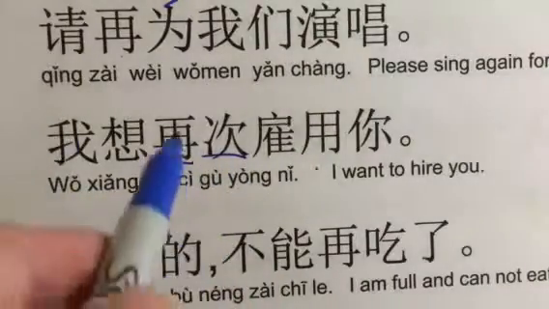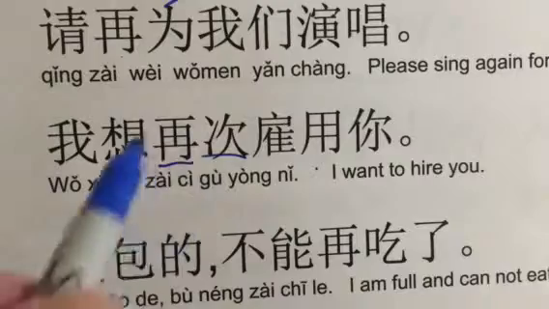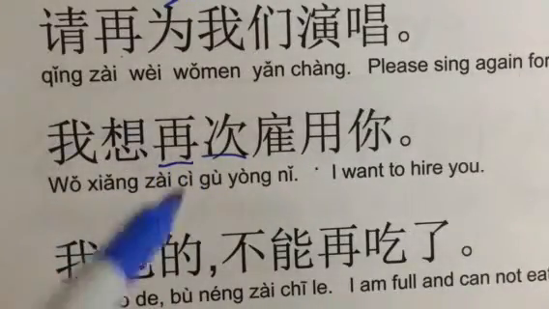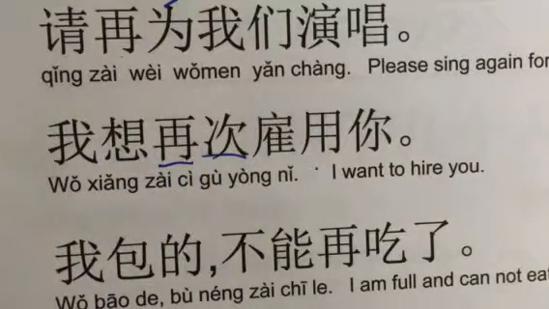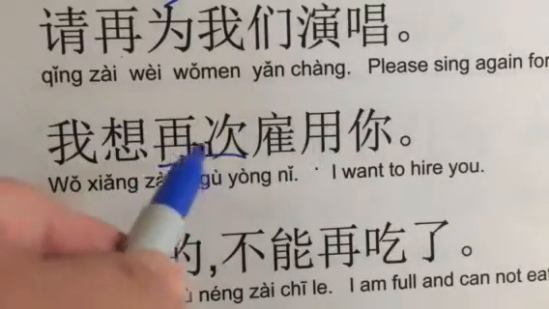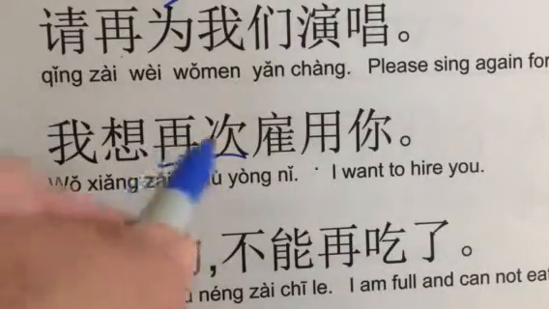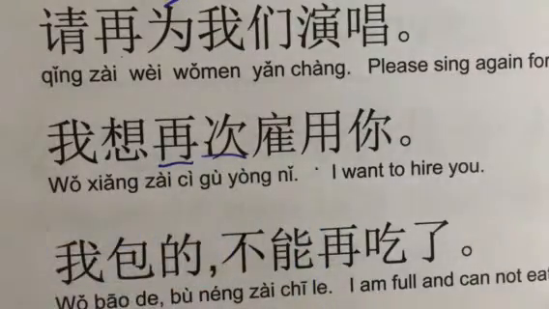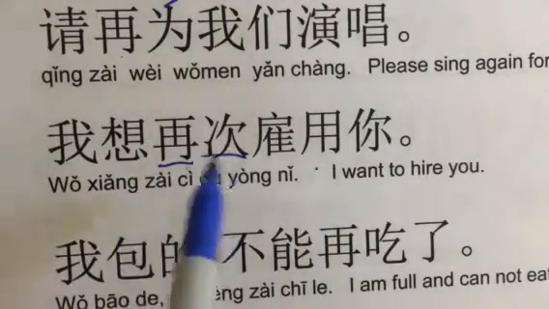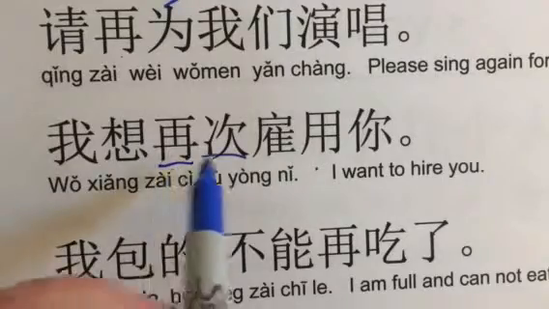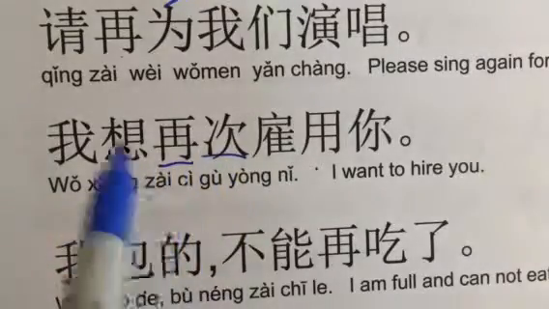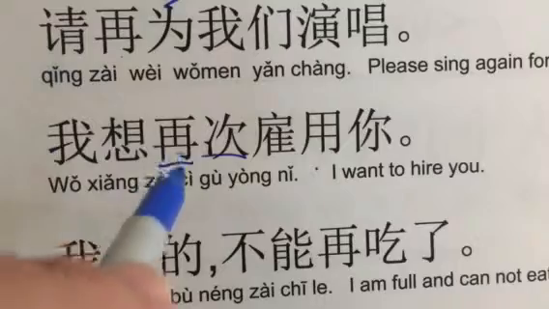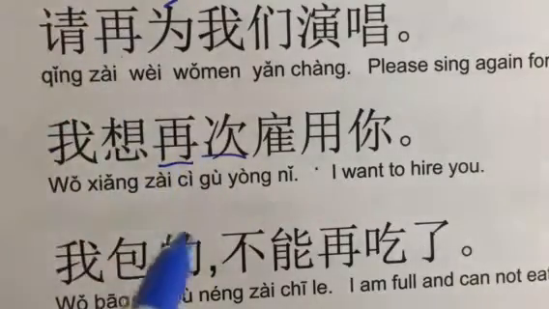Zai ci is a really good combination of characters, and that means to take action, or the action will follow very quickly. Okay, so they're going to hire you very, very quickly. So zai ci, this combination of two characters, is really another way to use the zai character.